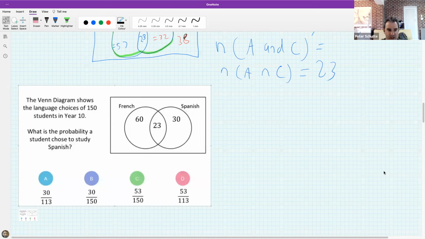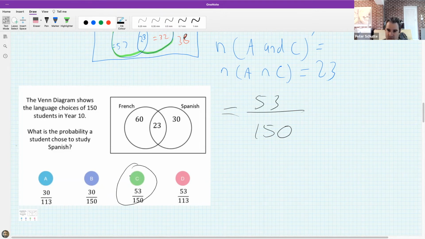What's the probability they choose to study Spanish? So a couple of answers have come in. Who else? So I know that 150 is going to be the possibles, and the favorable outcomes for choosing Spanish is going to be 20 plus 33, which is 53, which is C.